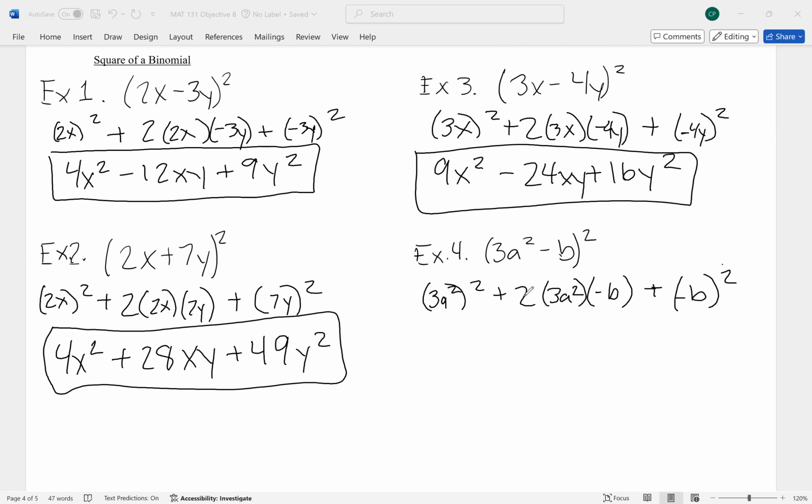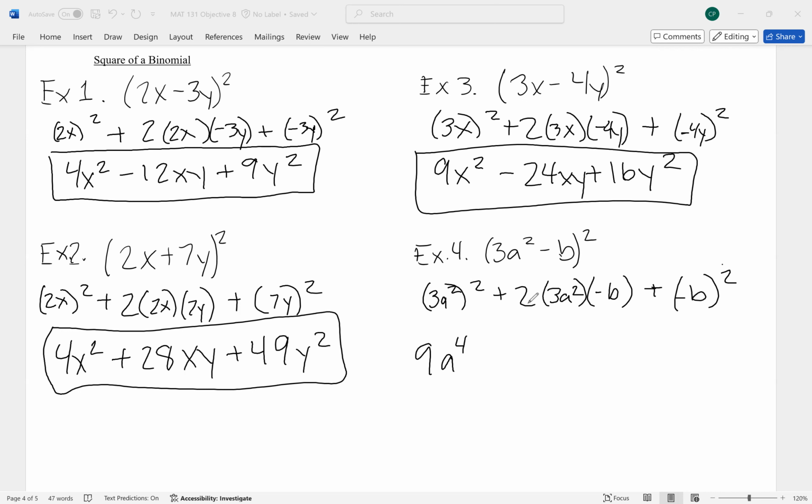For example 4, for this one, our first term, we're plugging in 3a squared, okay? So 3a squared is 9a to the 4th. Remember our rules, okay? When we have an exponent to an exponent, we multiply those, all right?